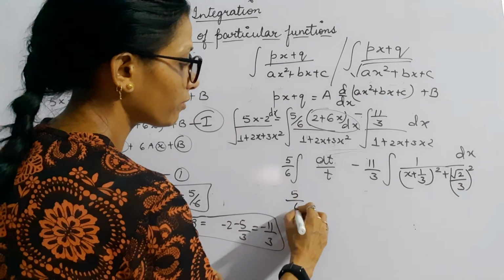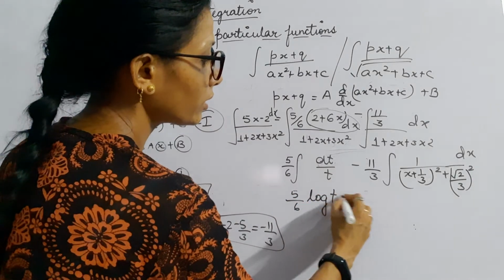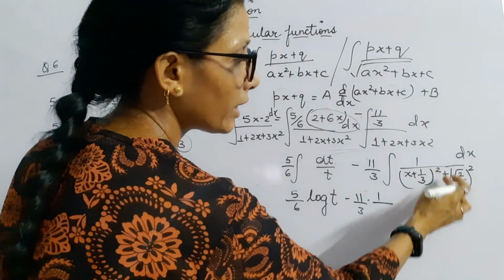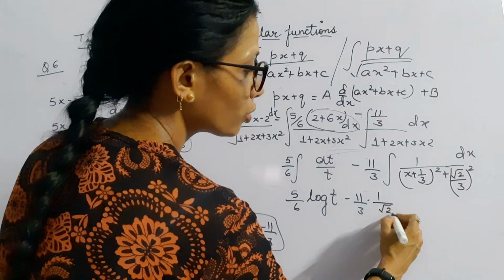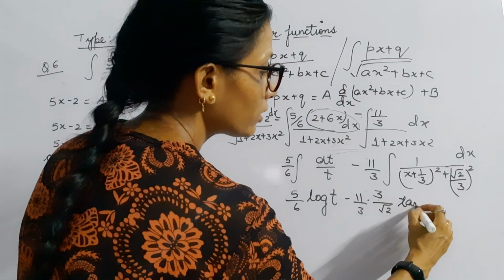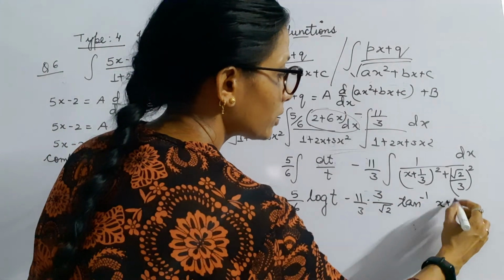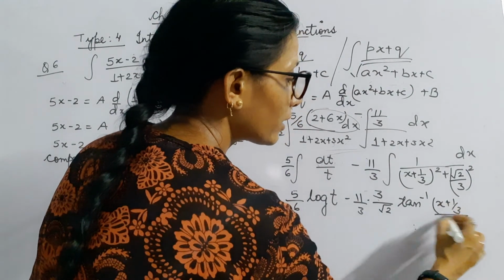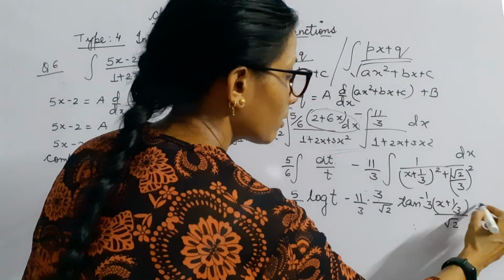So this will be 5 by 6 log of t minus 11 by 3 into 1 upon a, and what is your a? It is root 2 by 3, that means 3 will go up, tan inverse x by a, that means x plus 1 by 3, and a is root 2, and this 3 will go this side, plus c.